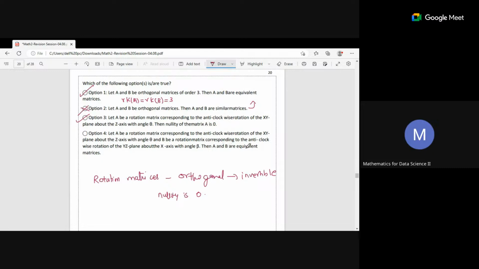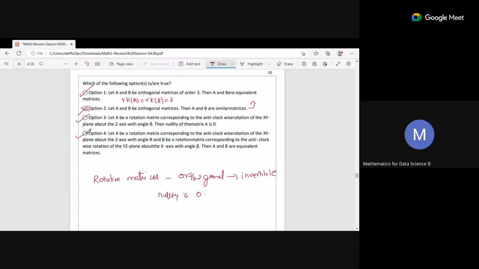Then A and B are equivalent matrices. They have the same rank. The argument is exactly the same as option 1. Both are rotation matrices, so they are orthogonal. So they are full rank. So their ranks are equal. So if the ranks are equal, then they are going to be equivalent matrices.